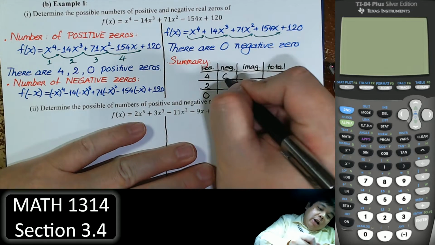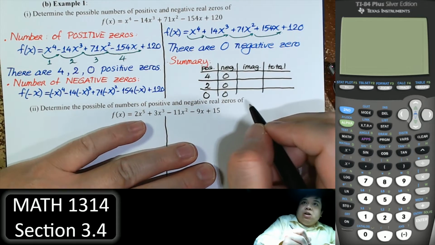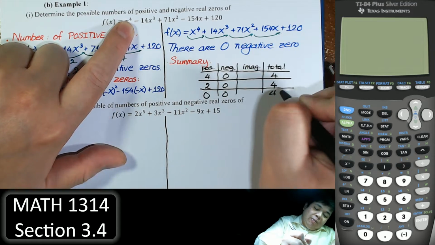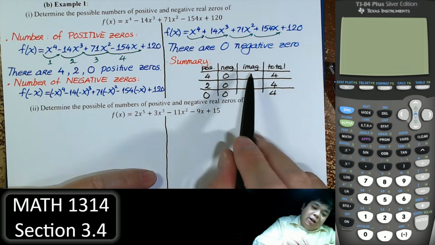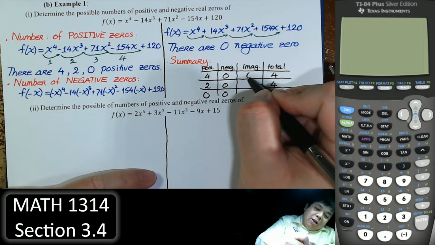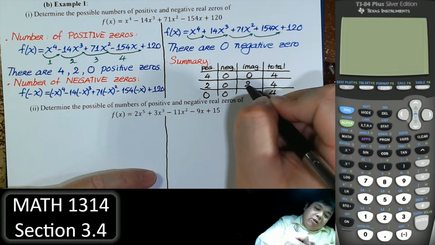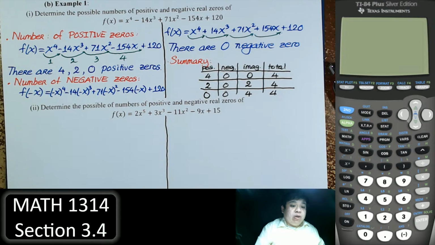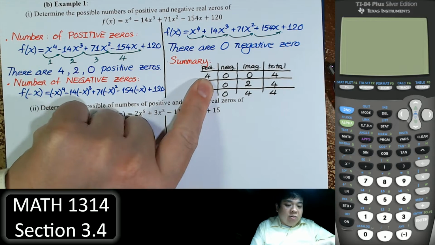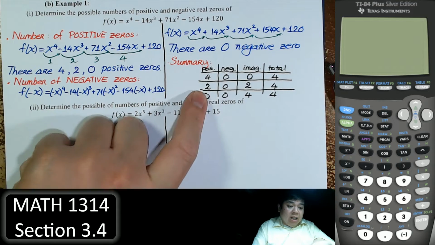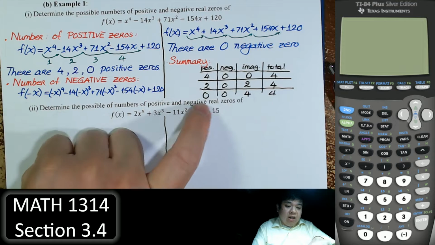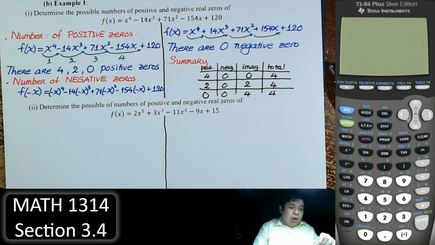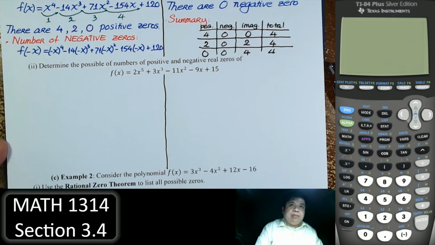Negative, we could have none. Remember, this is a fourth degree polynomial, so the total must be 4. So there will be no imaginary zeros, 2 imaginary, or 4 imaginary. Those are the only possible scenarios: 4 positive zeros, only 2 positive zeros and 2 imaginary, or all imaginary solutions. That's what we get from Descartes' rule of signs.